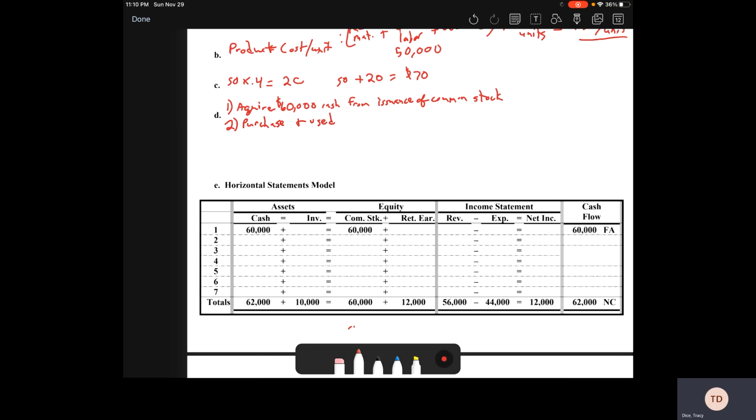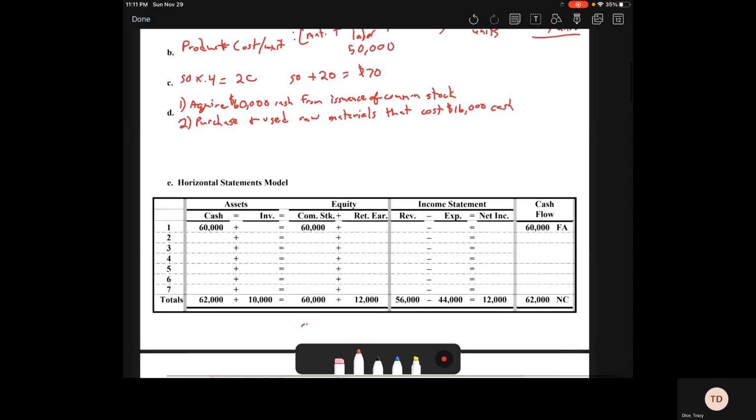Purchase and use raw materials. That costs $16,000 cash. All right, so that was number 2.